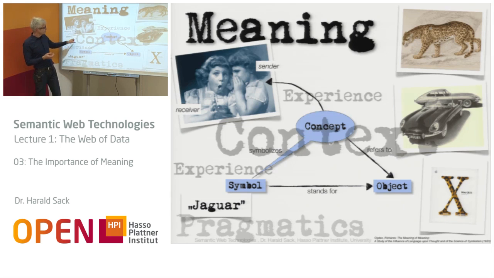Therefore, they need context, and of course, they need their own experience to put the context and the semantics in the right way to perceive the meaning of the message and to understand each other. We will come back to this semiotic triangle again later in this lecture.